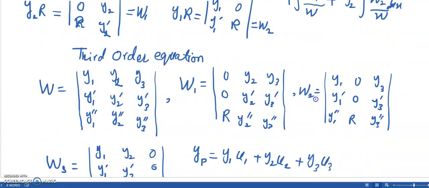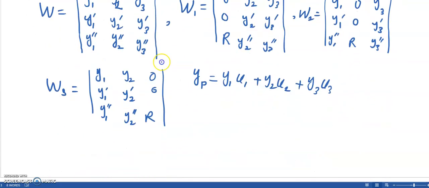So for example, let me say that u1 prime will be equal to W1 over W. So if we have u1 prime, then you can take the integral of that, then we will find u1.